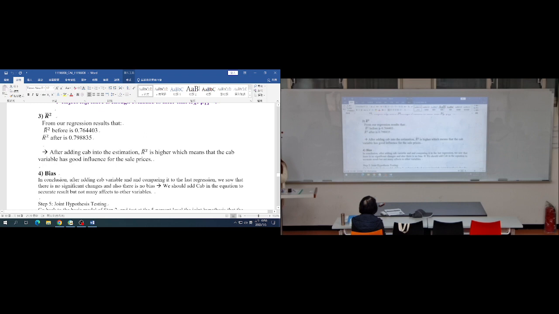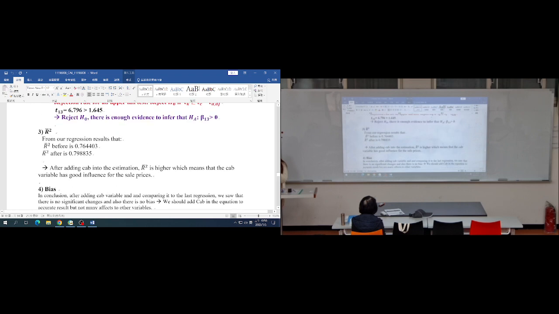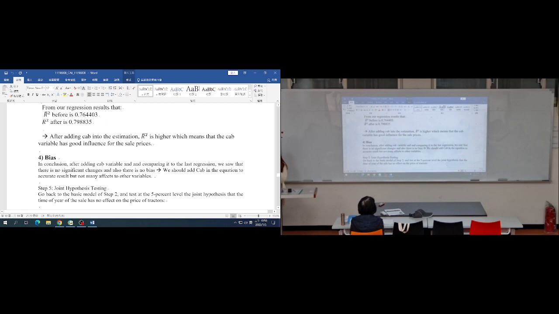From our regression result, we also have two different results for adjusted R square, 0.76 and 0.79. We saw that after we add the cap and run EViews, the adjusted R square is higher.